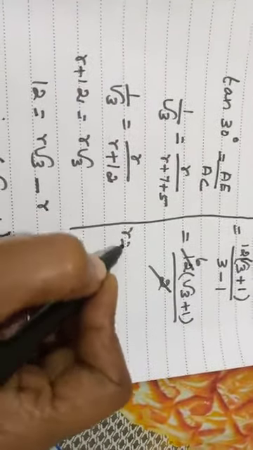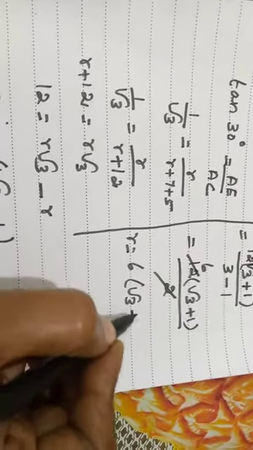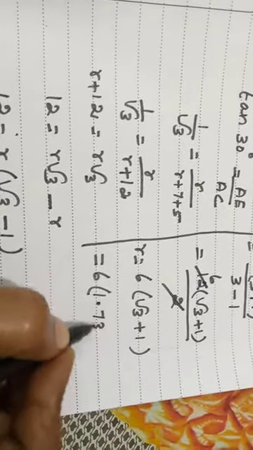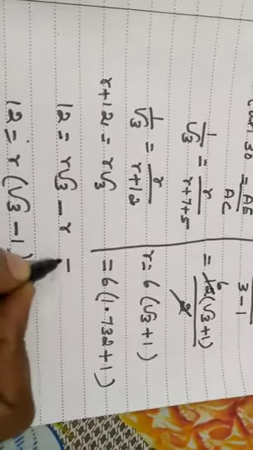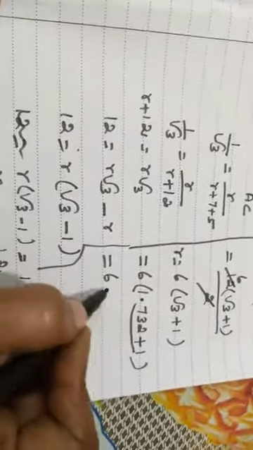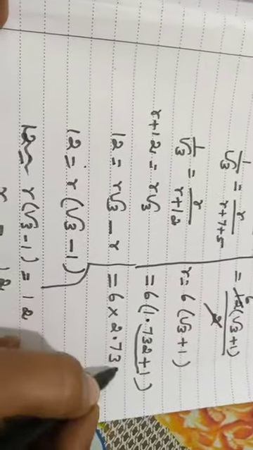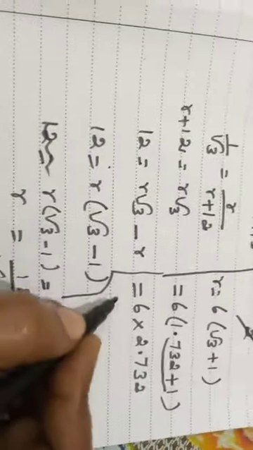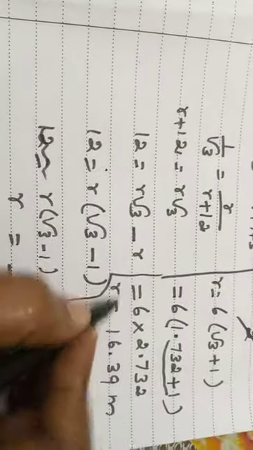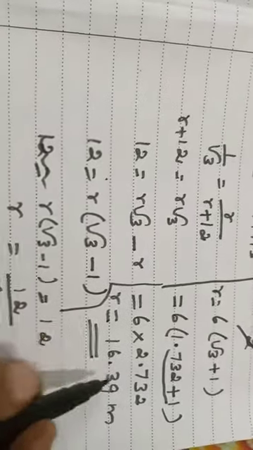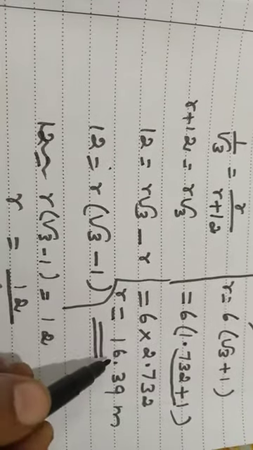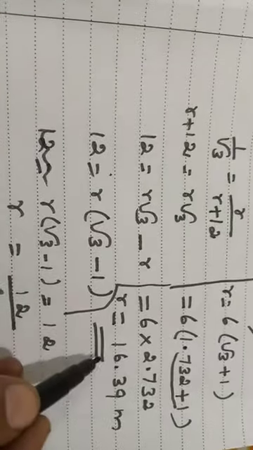So R equals 6 into root 3 plus 1, which is 6 into 1.732 plus 1, which is 6 into, adding both values, 2.732. Multiply, what do we get? 16.39 meters. Therefore the radius of the dome is 16.39 meters. Understood, students?